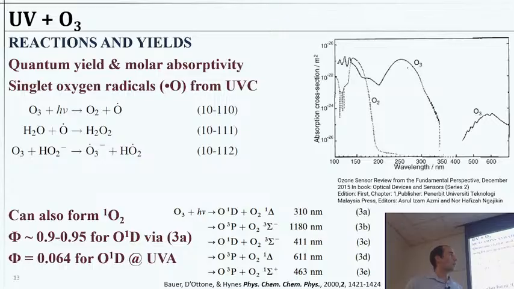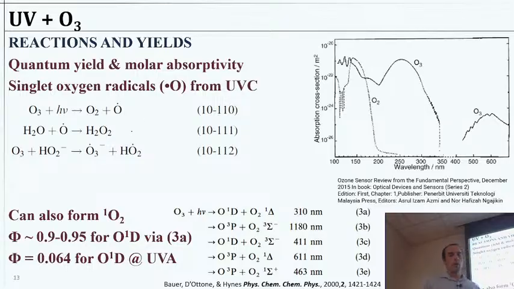Ozone absorbs very strongly, even up into the UVB range, where 300 nanometers to 320 or so, even there it's absorbing, and it also absorbs pretty strongly right where we have our typical mercury emissions for a mercury lamp. So ozone absorbs UV light quite strongly and can then photolyze into oxygen and this oxygen radical, the O dot radical.